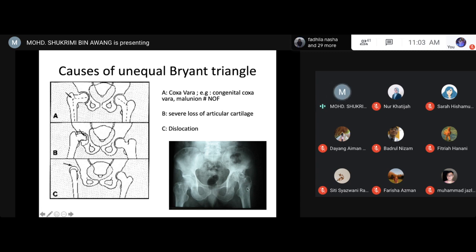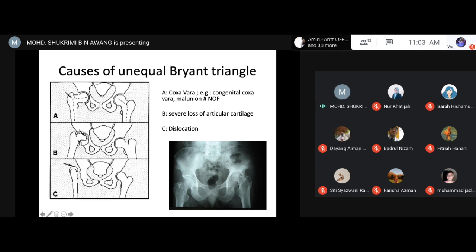So Shenton's line is broken, there is loss of the spherical femoral head, irregular surface of the acetabulum, cystic changes of the femoral head, and proximal migration of the femoral head. That's the finding. So what is the most likely diagnosis here?